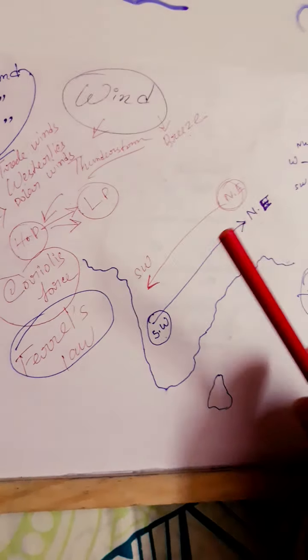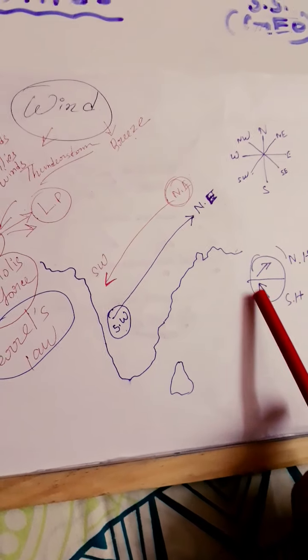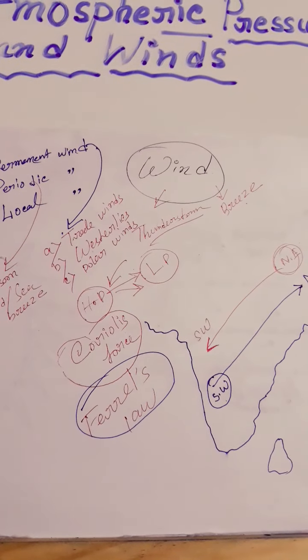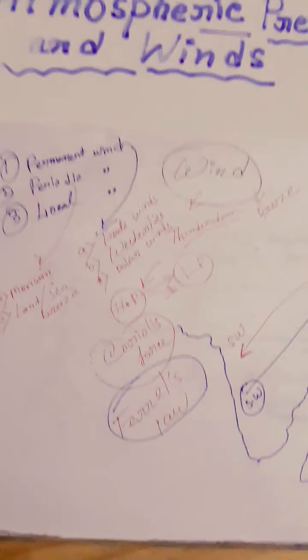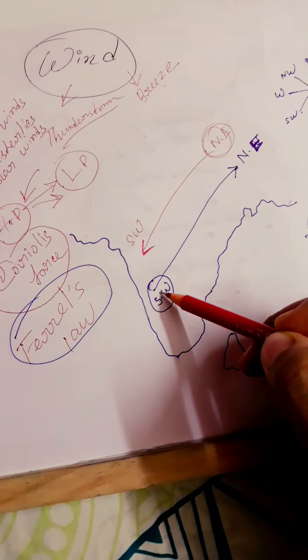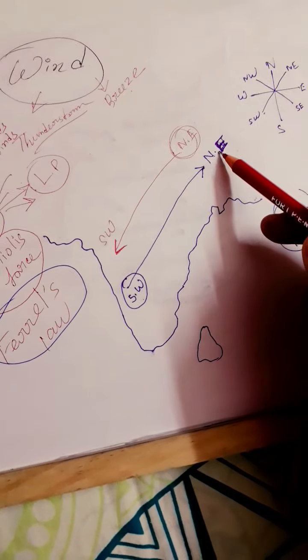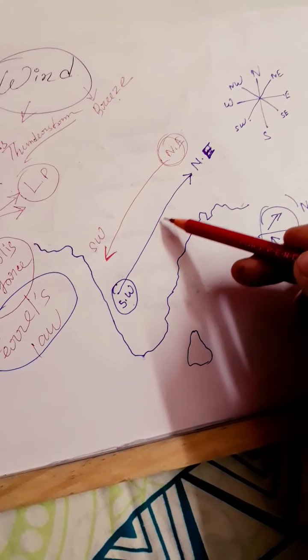In the northern hemisphere it is deflected to the right side, in the southern hemisphere to the left side. They now approach the Indian subcontinent from the southwest and are therefore known as the southwest monsoon. When the winds blow from the southwestern side to the northeastern side, the southwest monsoons are created.